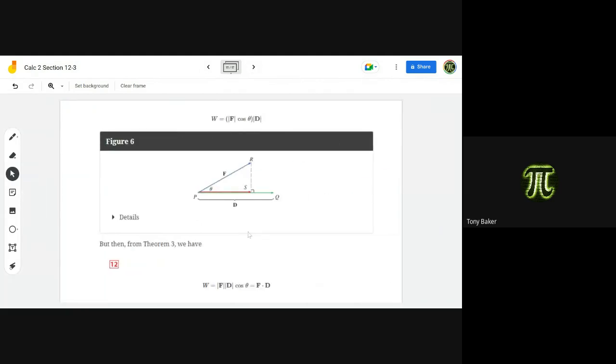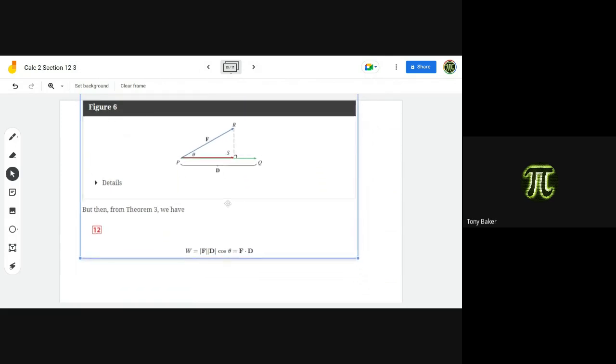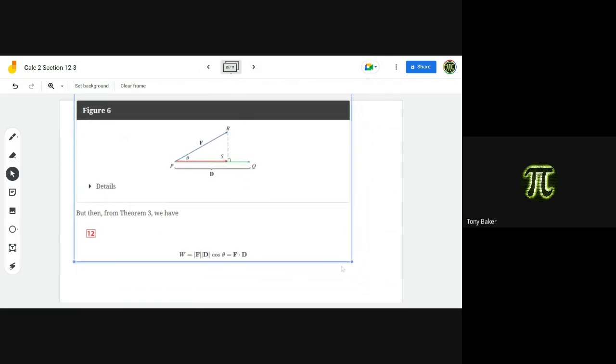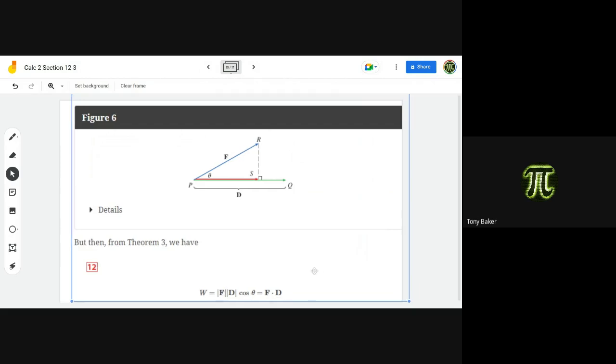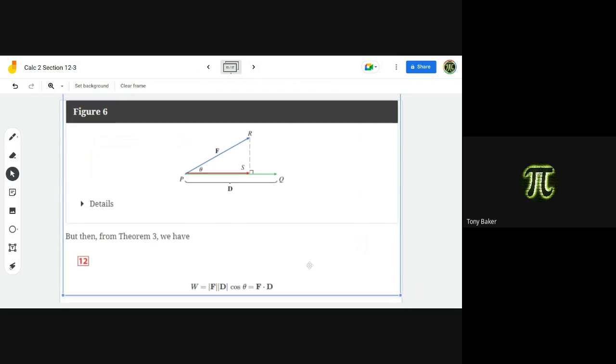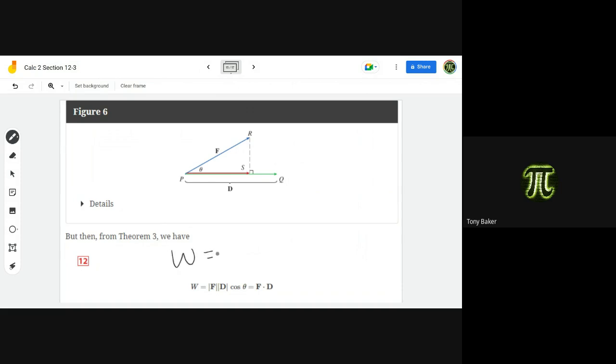All right, let's look at a use case of this. Work. The formula for work, I'll actually write a little bigger, is the magnitude of force times the magnitude of the distance times the cosine of the angle.